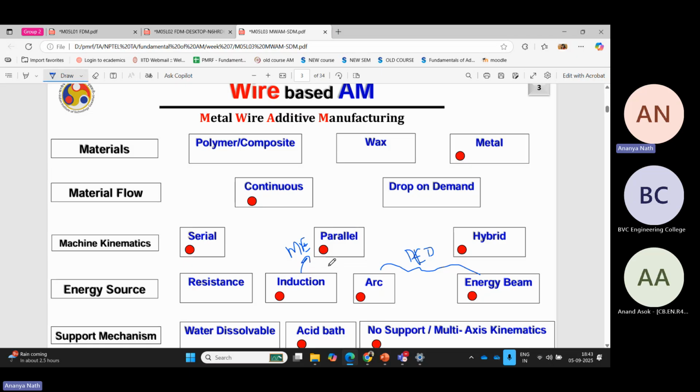So you can use the acid bath for removal of the support. And no support is also possible if you're using parallel kinematics or hybrid kinematics along with a build plate having more than 3 degrees of freedom, then no support printing is possible.